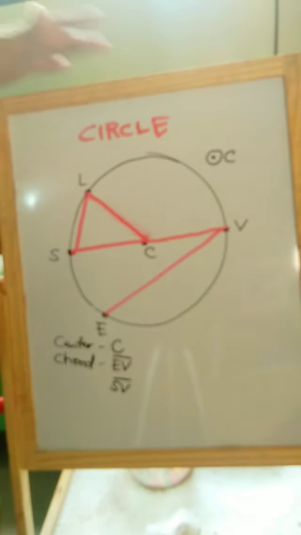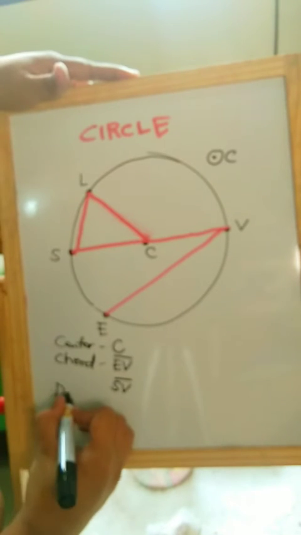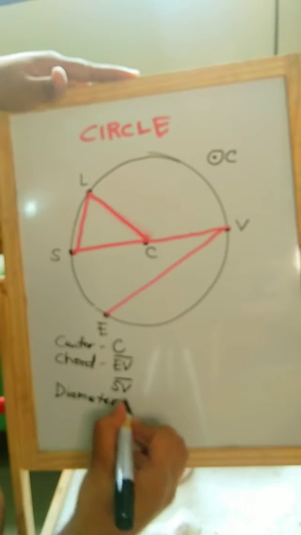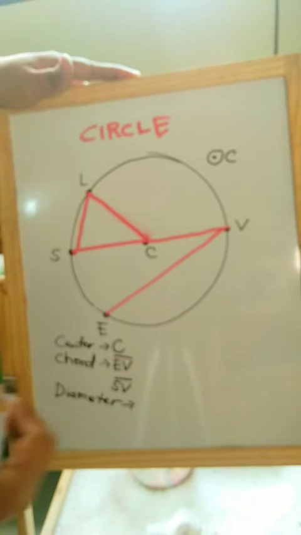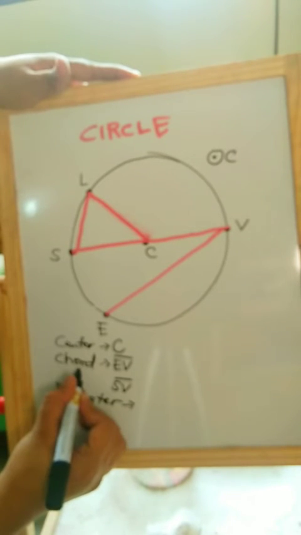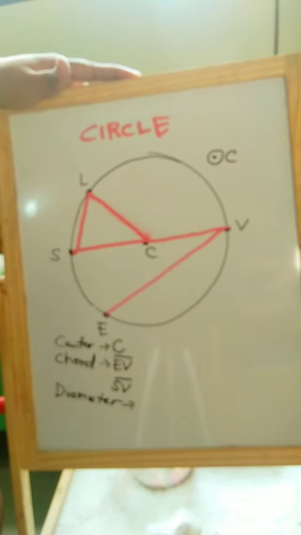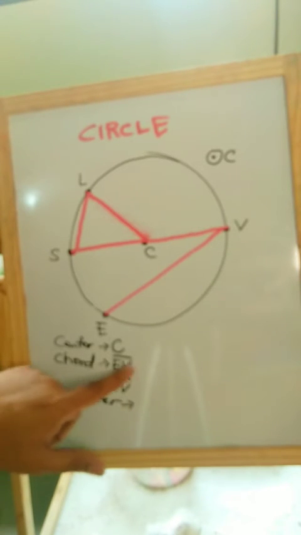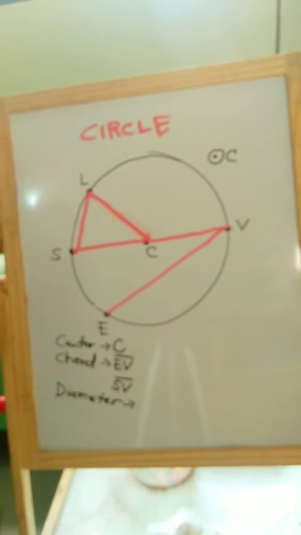Now, however, we have what we call the diameter. So the diameter is also a chord. Take note ha. A diameter is also a chord. The only difference is that a diameter is a chord that passes through the center. So, among the two, sino dito ang iyong diameter?